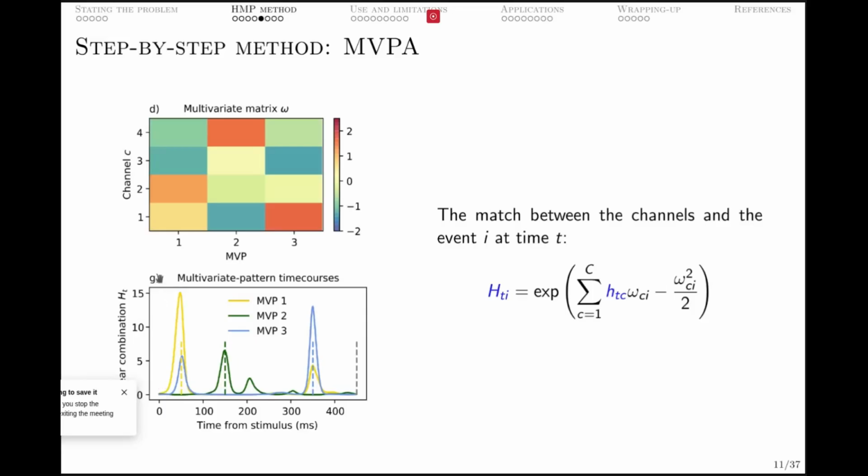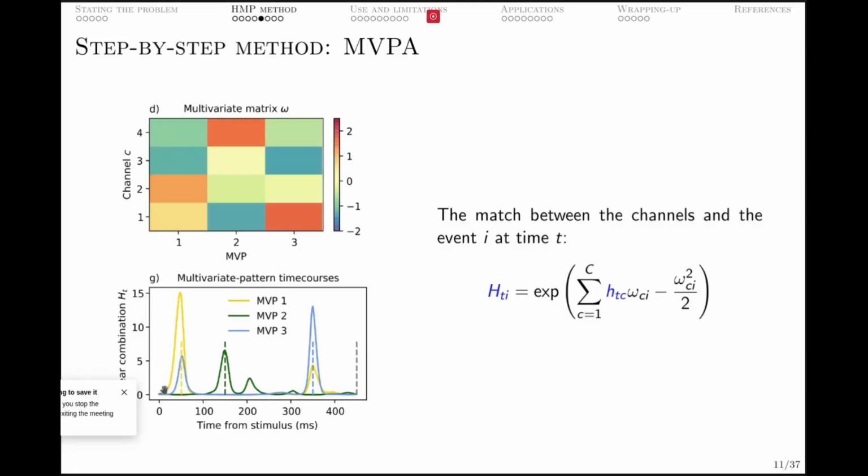For each multivariate pattern event, I first apply this mixing matrix to the actual channel data, and I get the linear combination of channels, which shows me how much the real, cross-correlated data agrees with this particular mix.